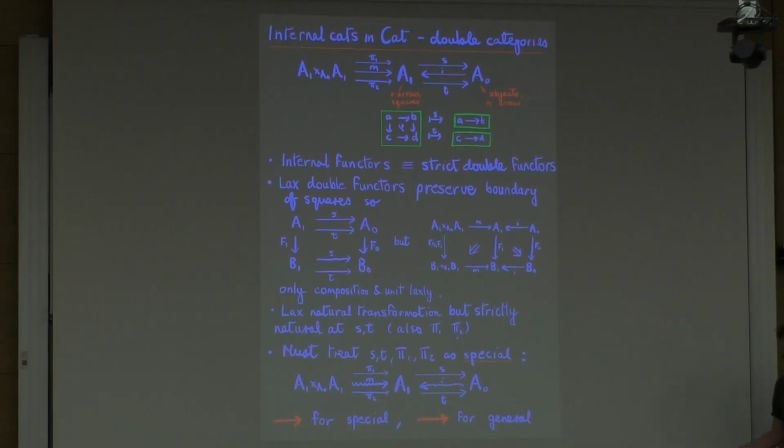I draw a straight arrow for a special one and a wiggly arrow for a general one. This is the idea, and of course that's very natural because the M and I here are structural operations. The other ones are kind of simple. But okay, so we see a diagram like this start to emerge.